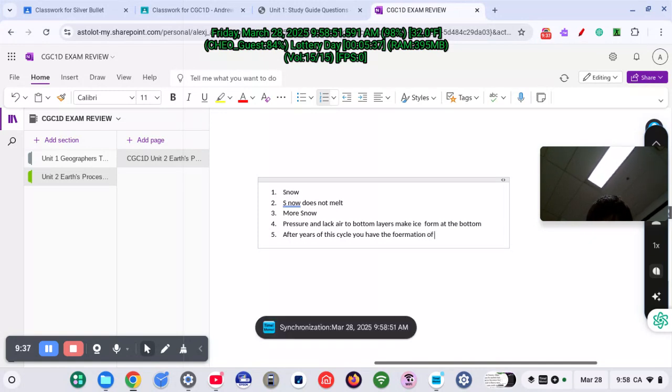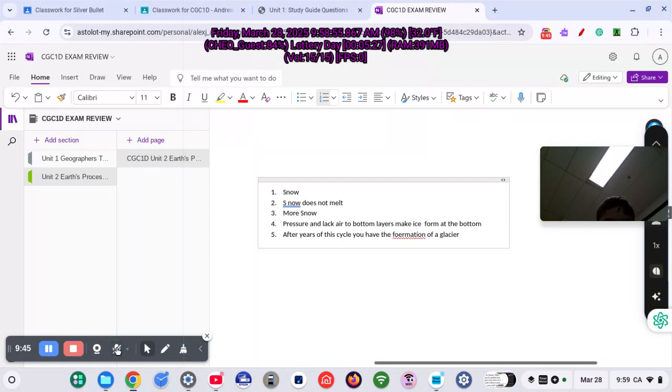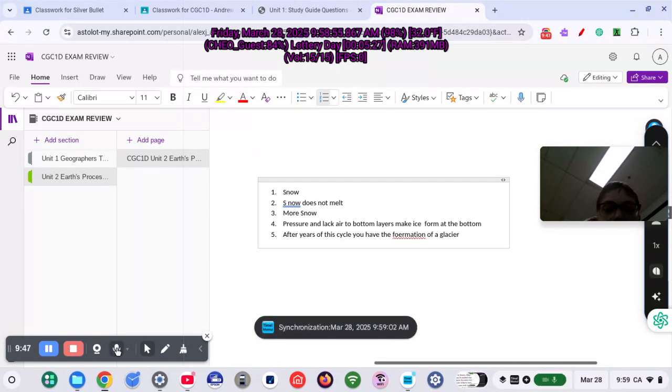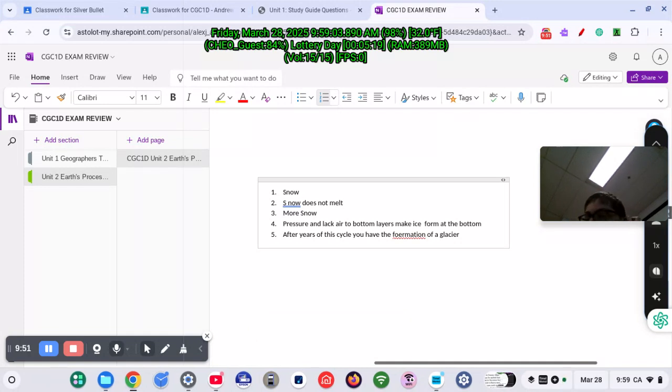Does a glacier form in one season? No, never. Okay. How long does it take to be created? Lloyd? It could take various amounts. It could take days. It could take months.